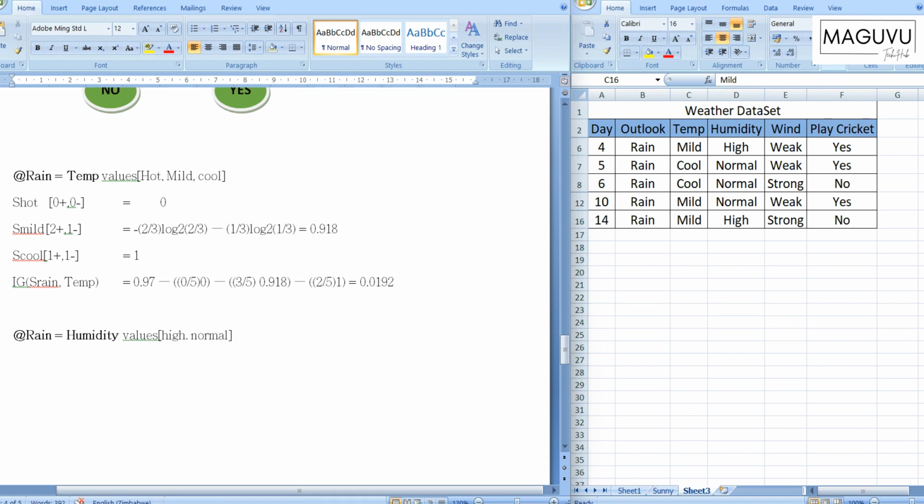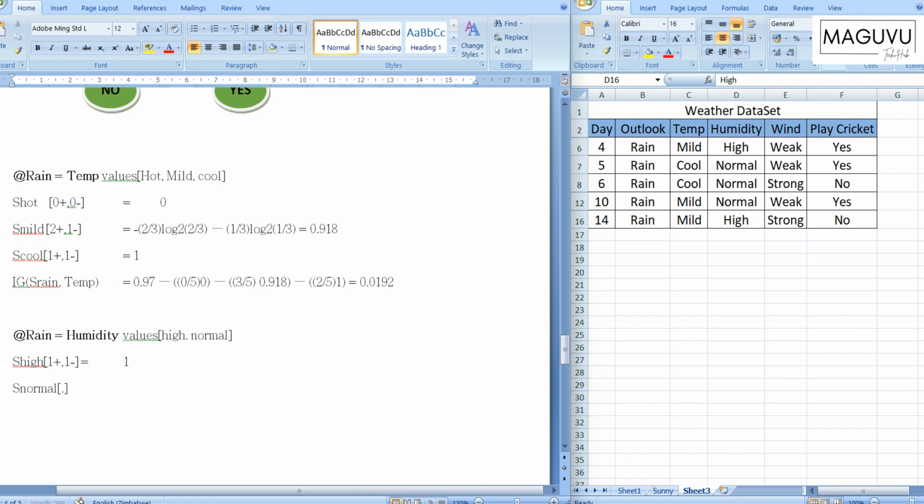We go ahead and calculate the entropy of high, and the representation there is: we have got 1, 2, high, yes, and then another high, no, which is a 1 to 1, so we say 1 positive and a 1 negative to give us a 1.